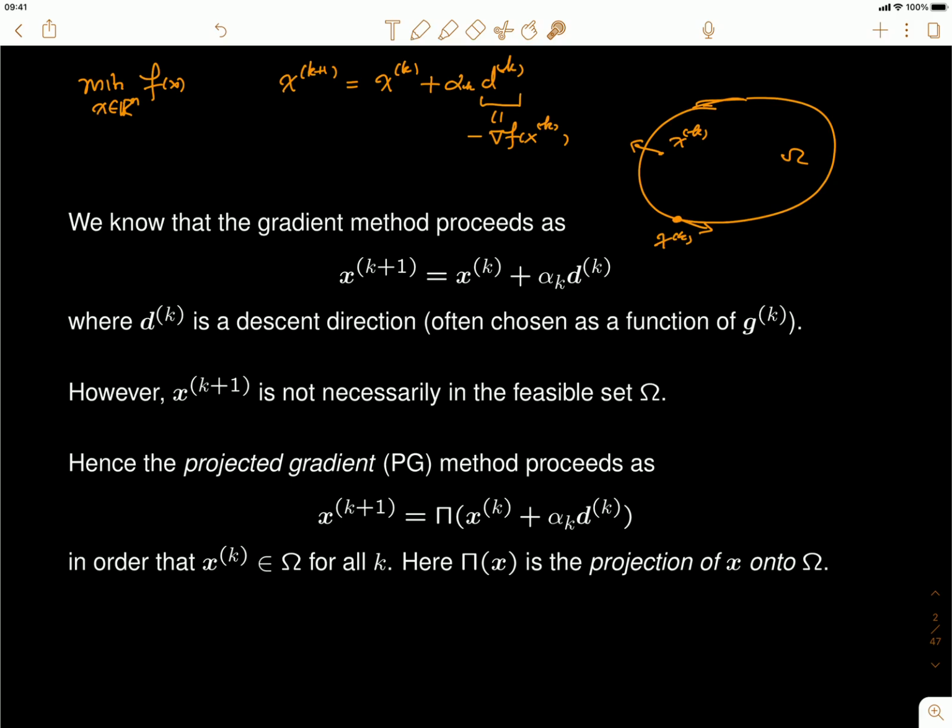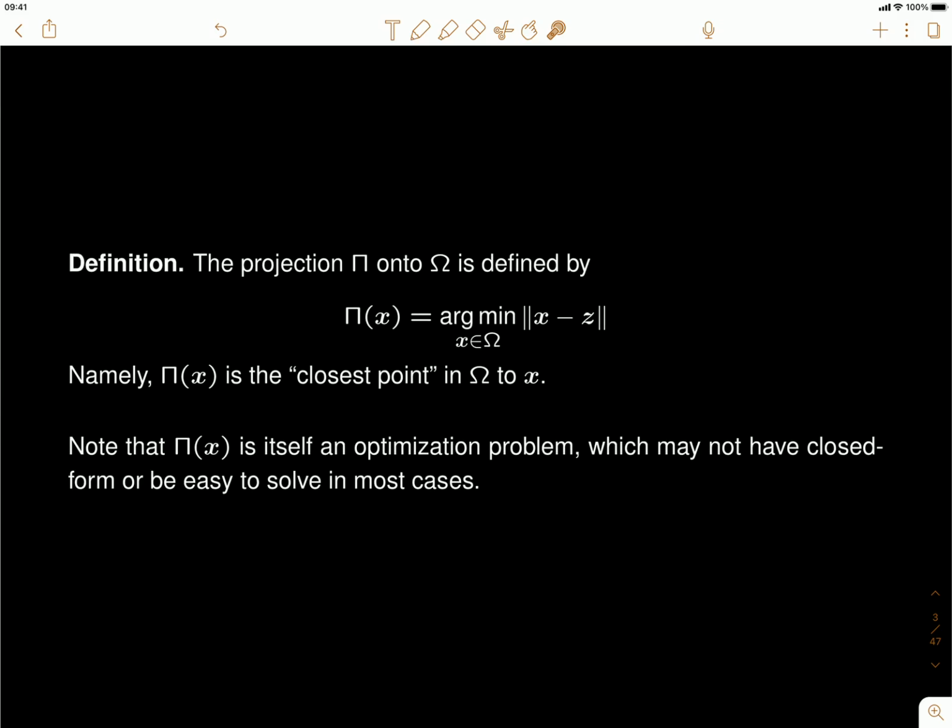In this case, the key is how do we do this projection? The projection is denoted by this capital pi. The question is how do we project back to the set omega? Apparently this itself may not be easy, because projecting some point back to the set is another optimization problem, right? If x is already in omega, then that's okay. But if x is outside of omega, how do we find the projection?